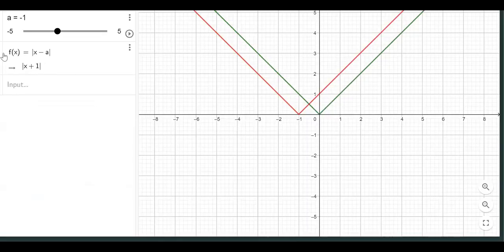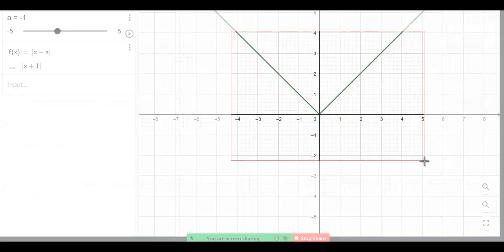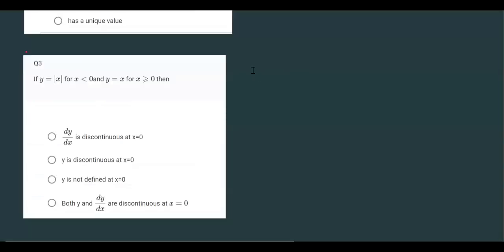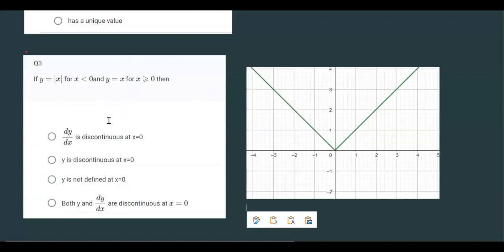So there's the mod x graph. Now, y equal to mod x for x less than 0. That means it is this portion of the graph. And y is equal to x for x greater than or equal to 0. It is same, so it is same as mod x graph. There's no difference. Question is just a little twisted.